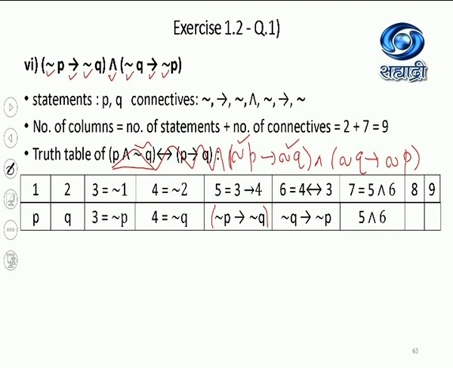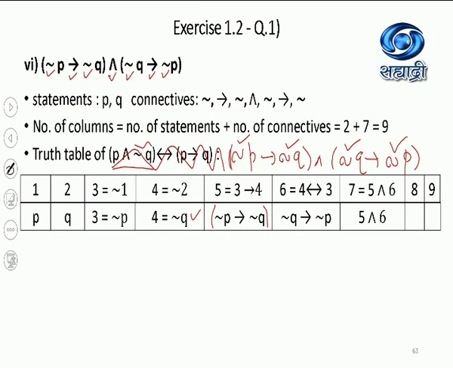Now actually when I say the number of columns depend upon the connectives and the statements, you can see there is a second round bracket, but negation Q is already been taken care in column 4. So if you want to add that column once again, no harm in doing that. But since already negation Q column exists in column 4, I am not going to write it once again.